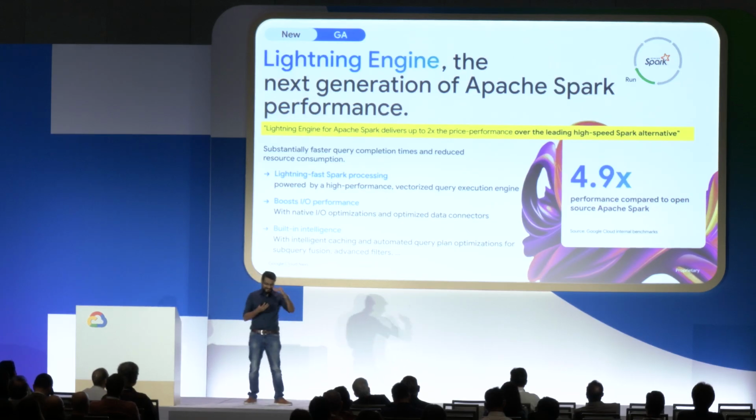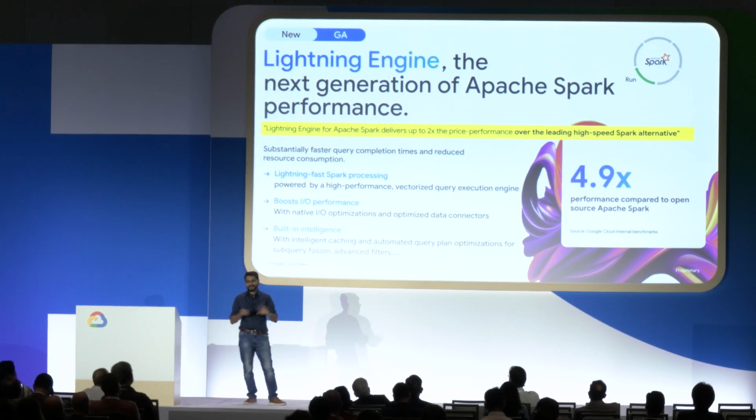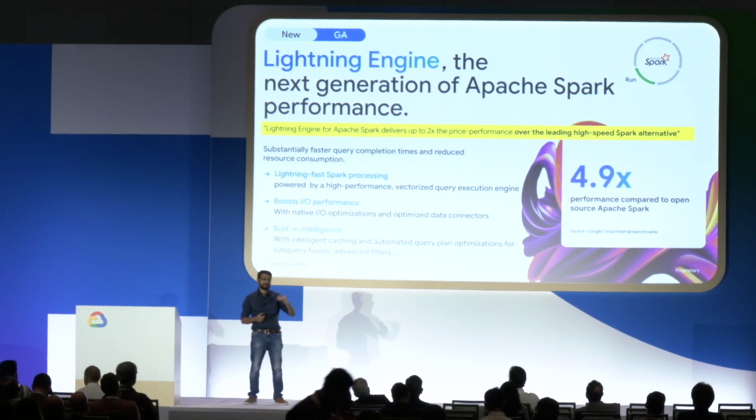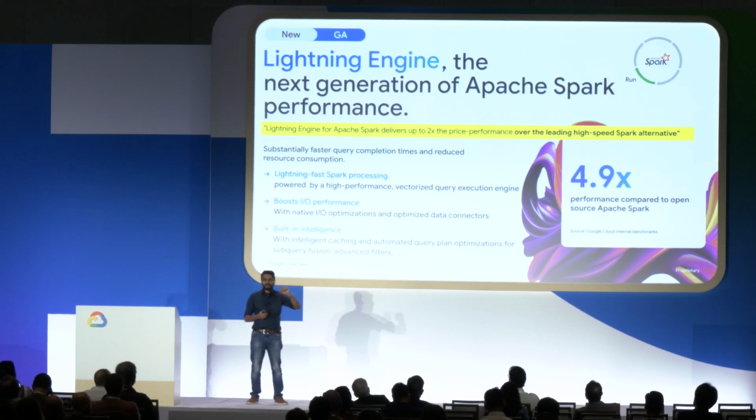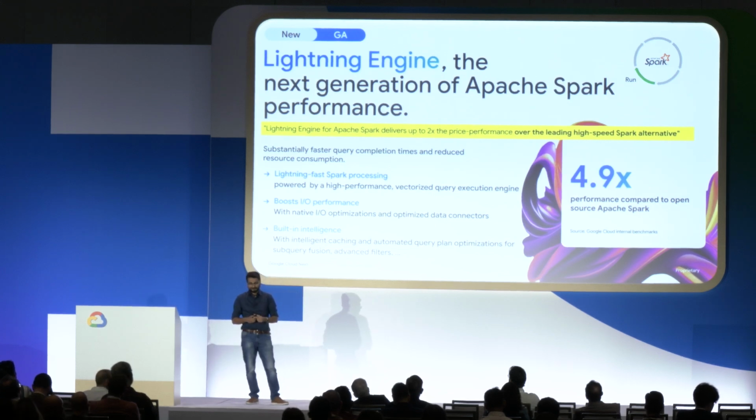All right, so Lightning Engine is a multi-layer optimization. It's not like, hey, one engine plugs in and it works. It works at multiple layers. The first layer is the optimizer, the Spark optimizer. We have changed a lot of algorithms there to make it very efficient. The second layer is the execution layer. We use vector-based execution. And then there are two more layers.